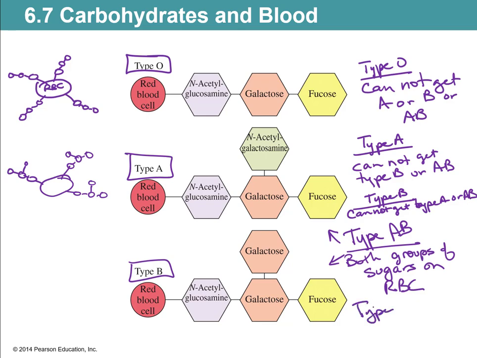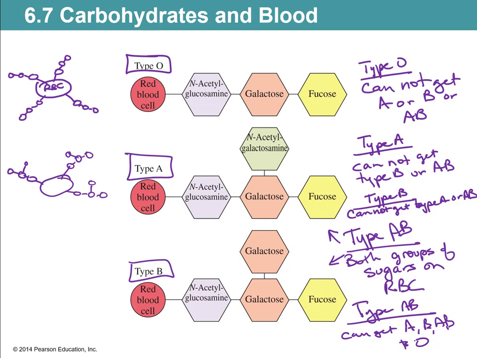Type AB has the pattern of A and the pattern of B, so they can get A, B, AB, and O. They can get anything. Nothing is foreign to the type AB. So I think of them as the universal receiver. You can give any blood to AB because they have the pattern of A and the pattern of B.